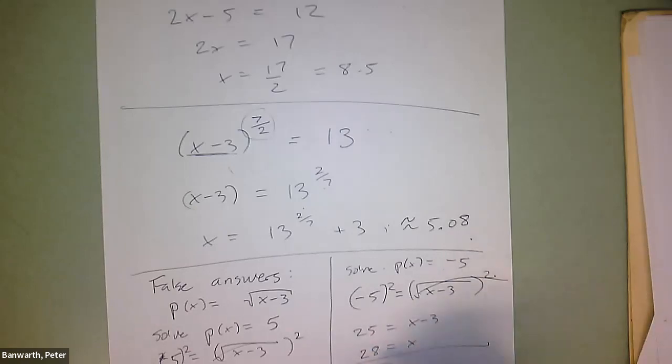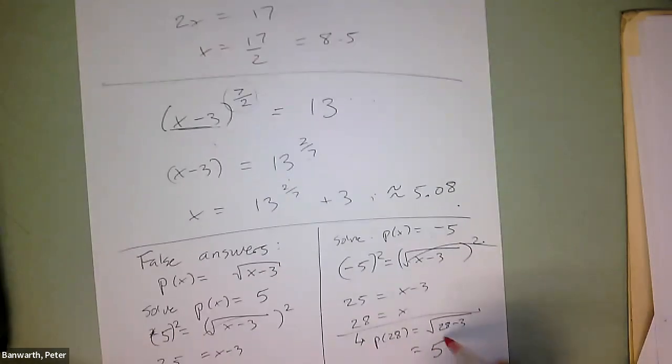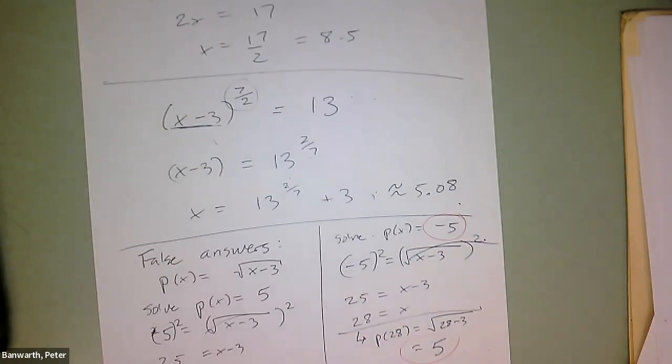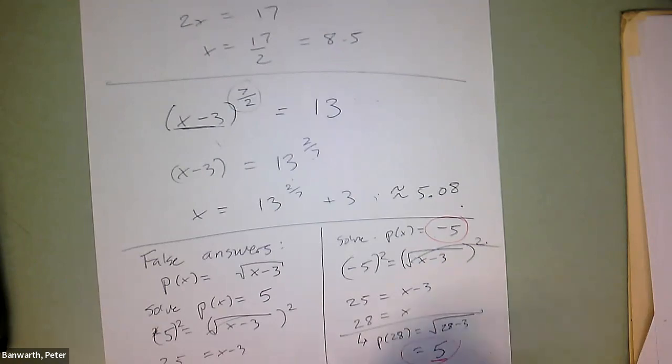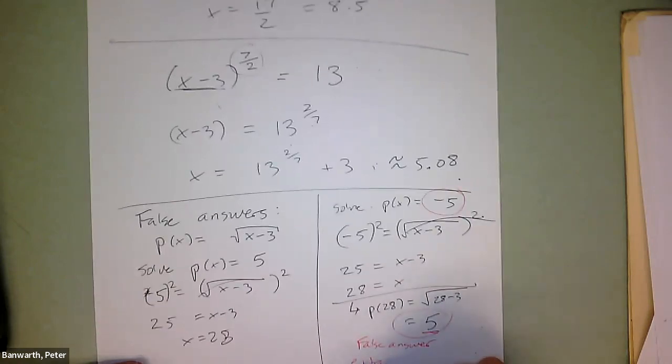But does it really? Does that work? Let's try it. p of 28 equals the square root of 28 minus 3. And that's equal to +5. +5 and -5 are not the same number. So this is what I call a false answer, what the workbook calls an extraneous solution.